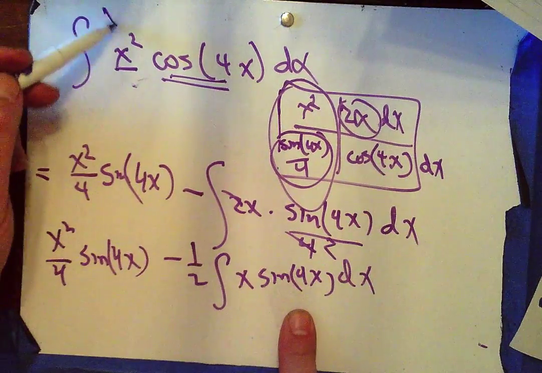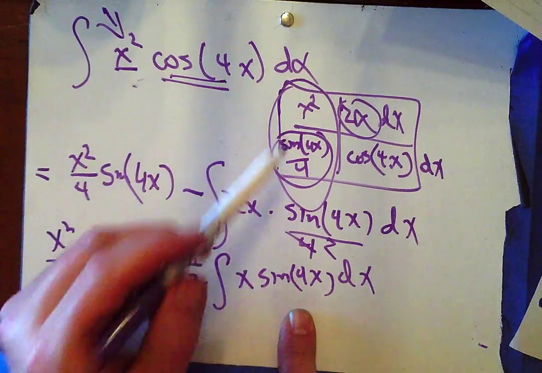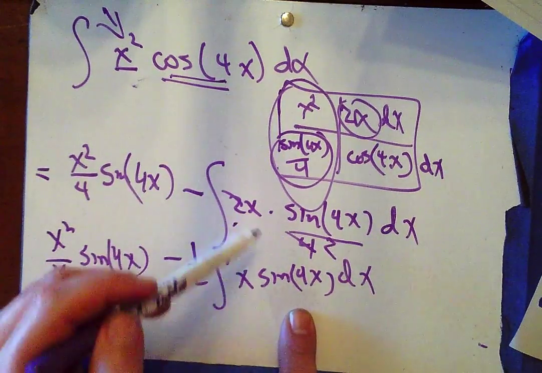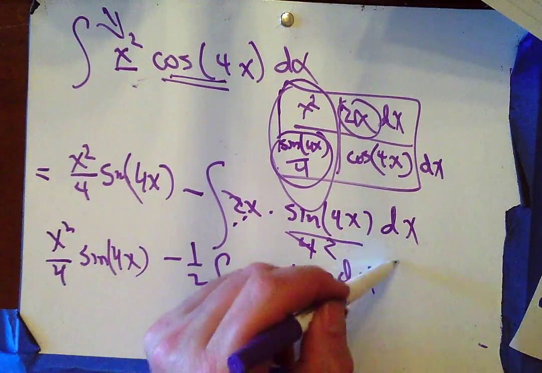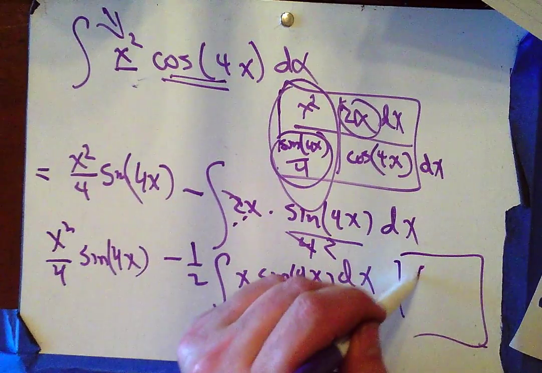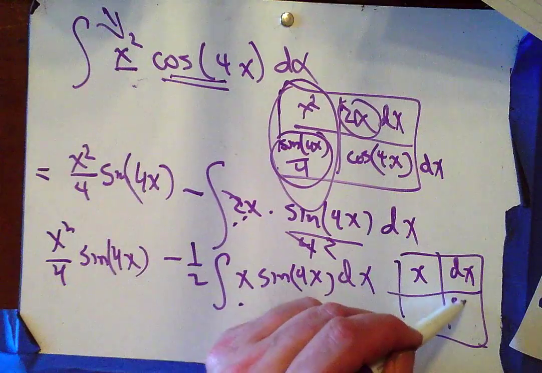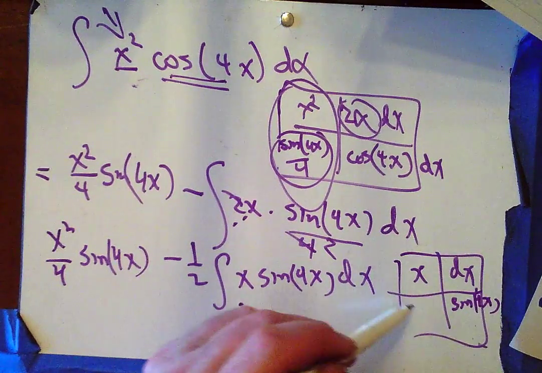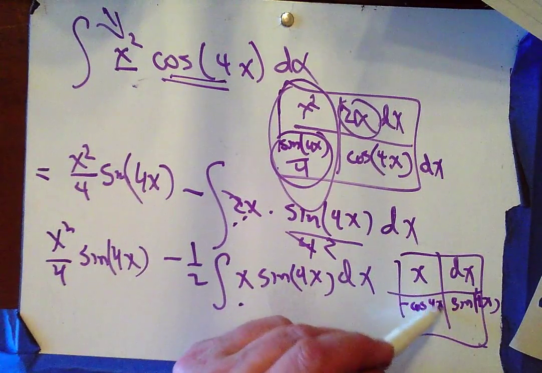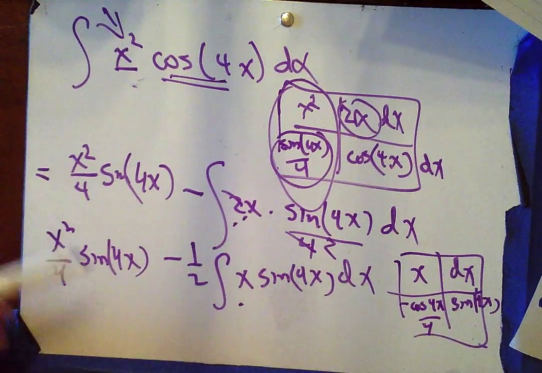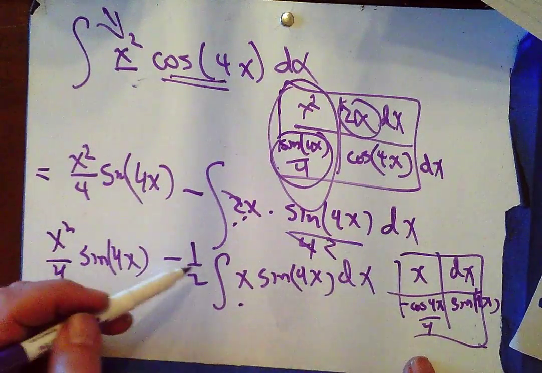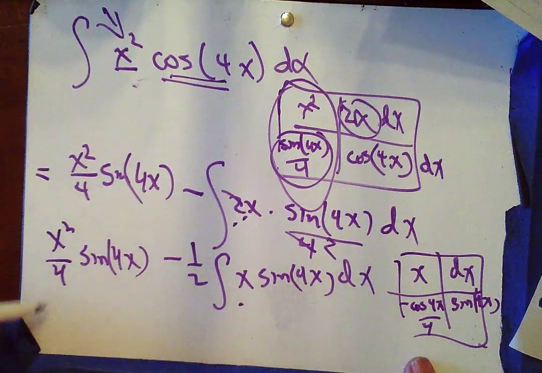And it doesn't surprise me, because that's x squared. X squared brings it to x to the first, and then we'll go one more time. So I'm putting x, and dx, I'm putting sine 4x, and so negative cosine 4x over 4. Remember, all of this is behind that minus 1/2.